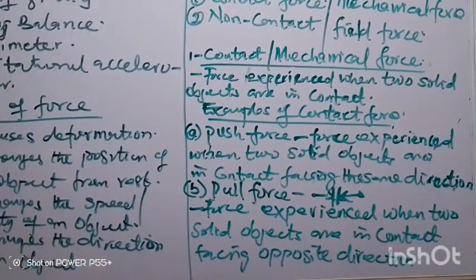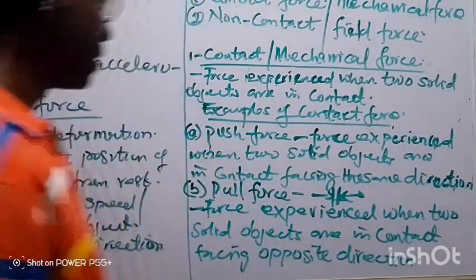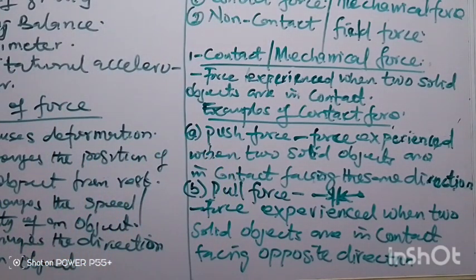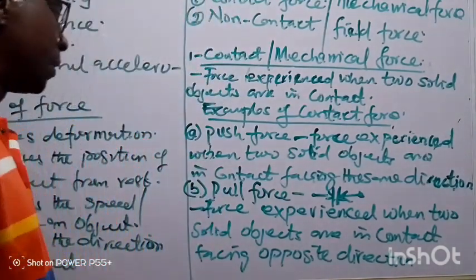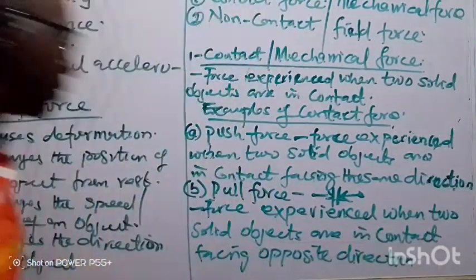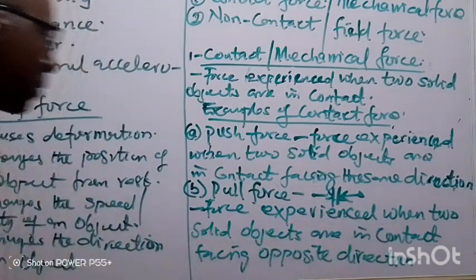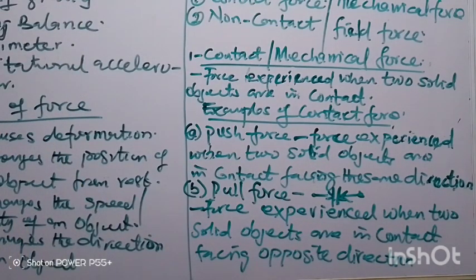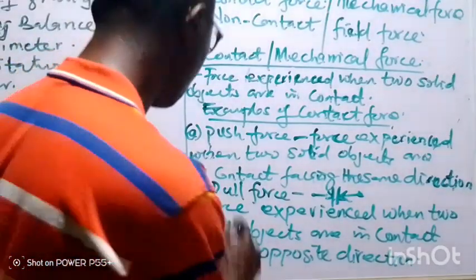That is, the two solid objects involved in this one will face opposite directions. A typical example is two boys pulling each other, one to the right, the other one to the left, or to the front or backward. So their forces will be opposite to each other. So that is pull force.